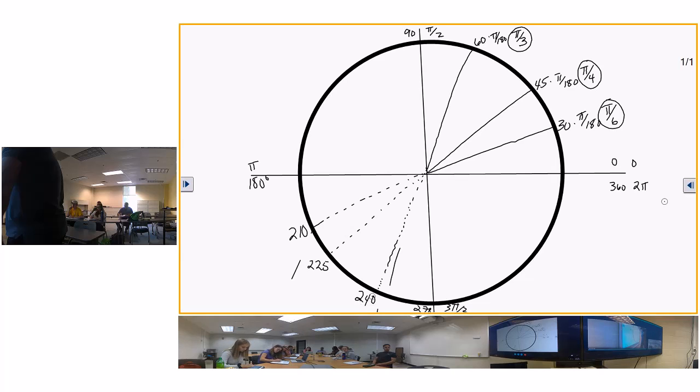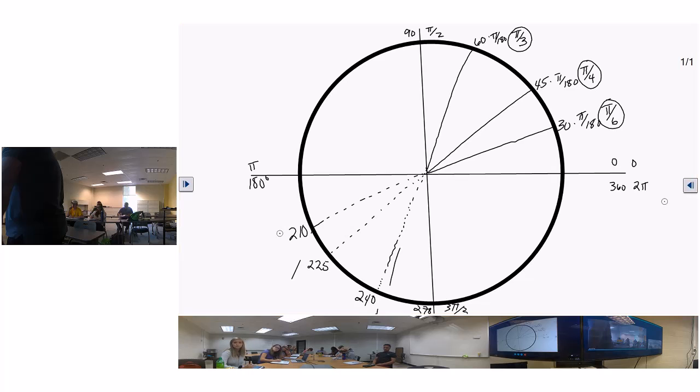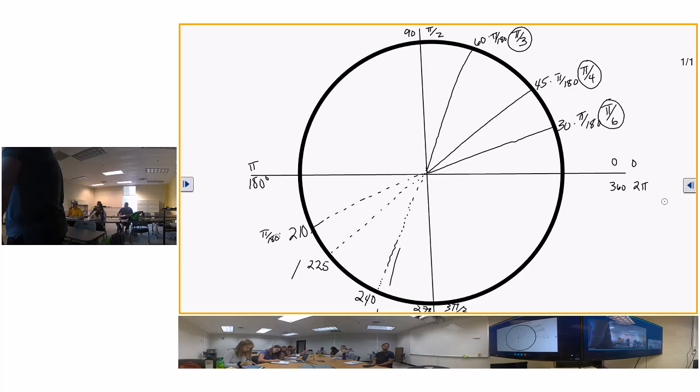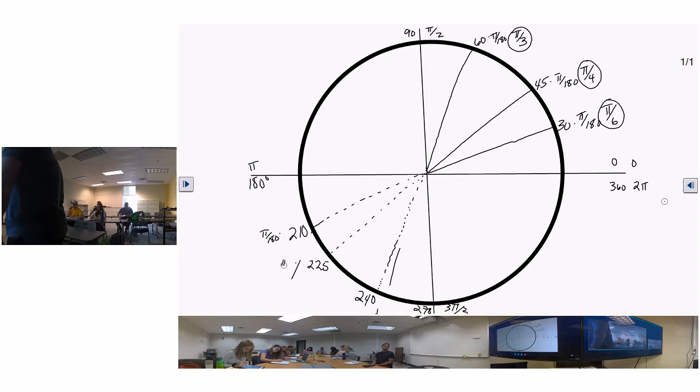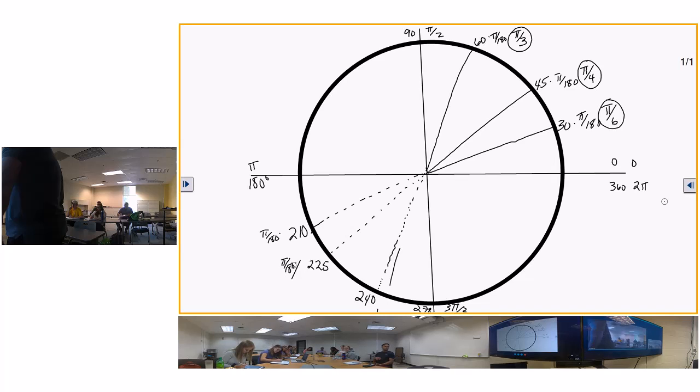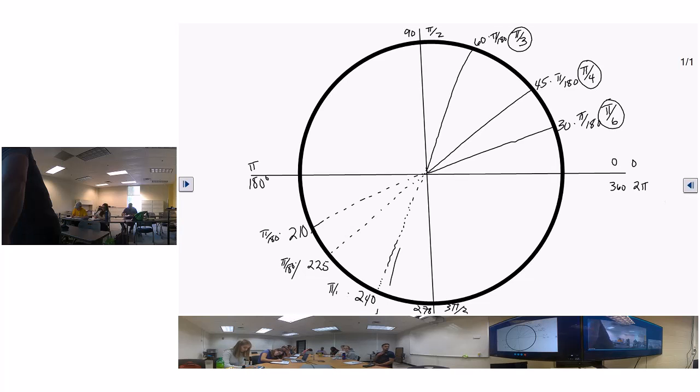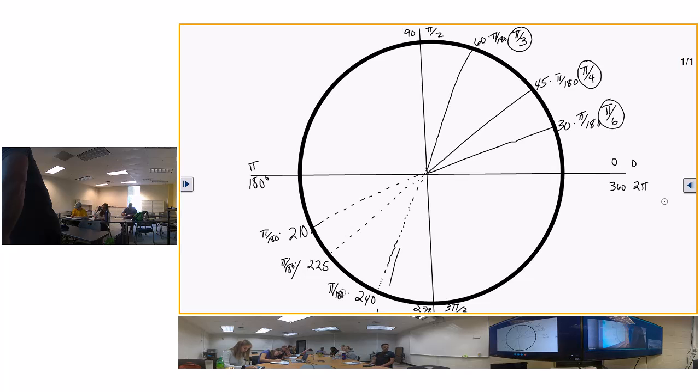Radians. So multiply by pi over 180. So what's 210 over 180? It's 21 over 18, which is 7 pi over 6.